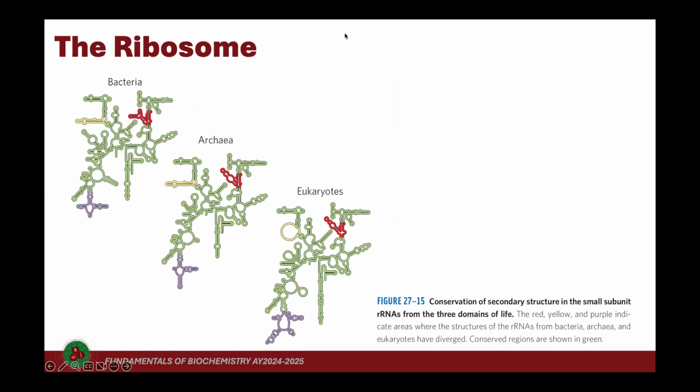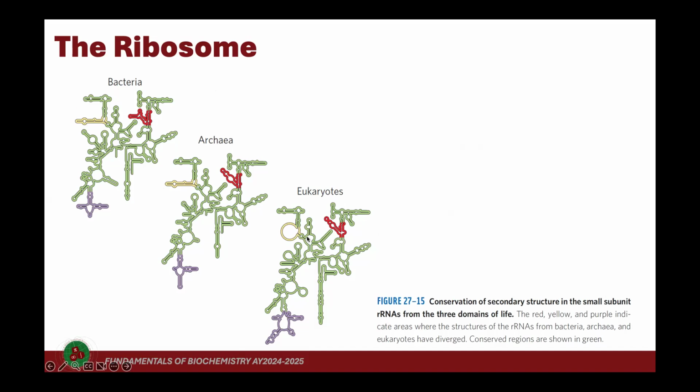Now, the secondary structure of your ribosome, as you can see here represented as a 2D topology, is conserved across three domains of life: bacteria, archaea, and eukaryotes. There are only minor differences in their structure. While we cannot appreciate the three-dimensional structure of the three representative ribosomes, this is the small subunit, the 16S RNA.